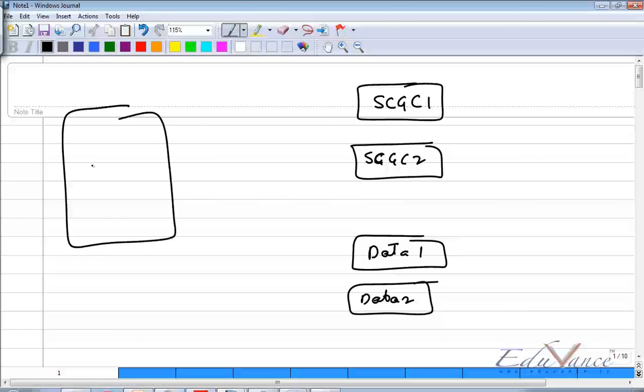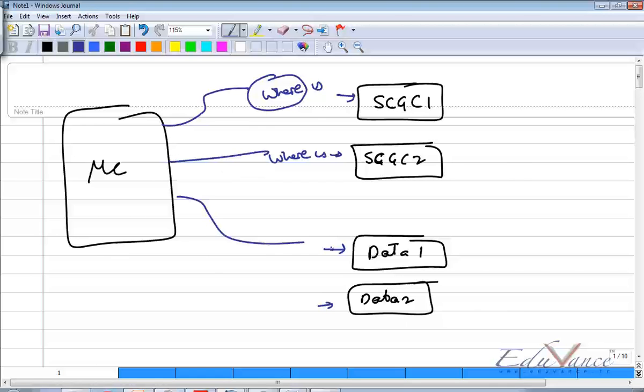So if this is my microcontroller, how does my microcontroller know where is SCGC1, where is SCGC2, where is data 1? When I say where is, unless I create special wires for each register, will my microcontroller know where each one of them are? The answer is no.